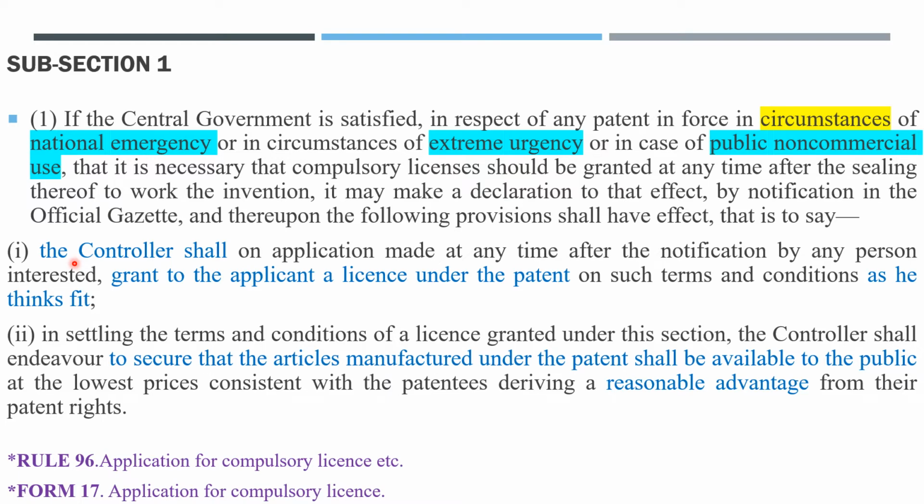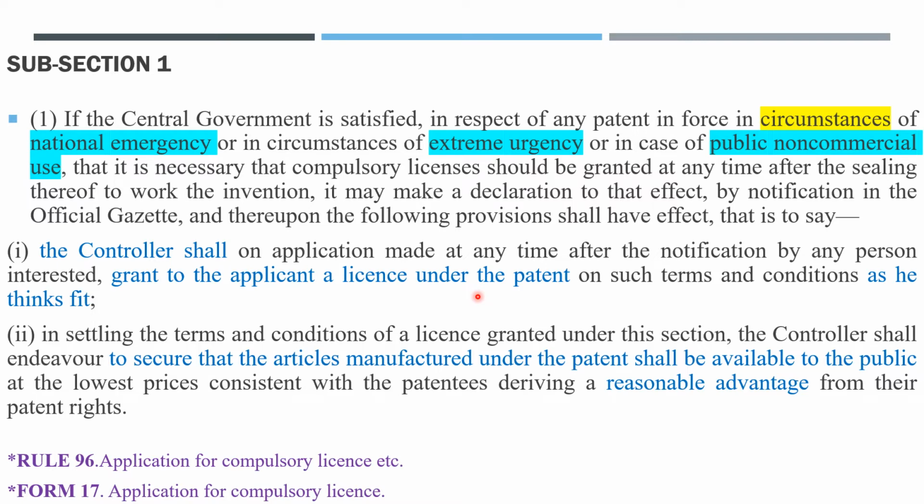Any person interested may file an application for the grant of a compulsory license at any time after the notification in the official gazette in Form 17, along with the required fee, on such terms and conditions as he may think fit. Now it is clear, I guess.